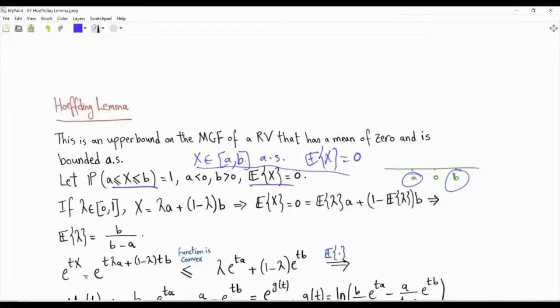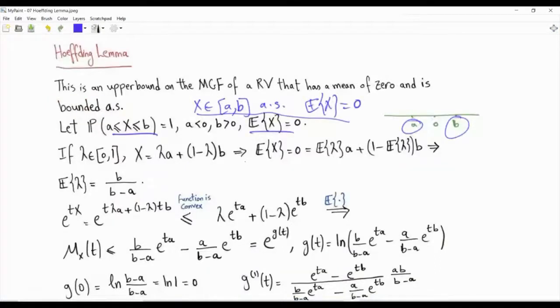It is not just a theoretical exercise. It is used in the derivation of the Hoeffding inequality, which is used a lot in big data, machine learning and computer science, and so it has many applications.